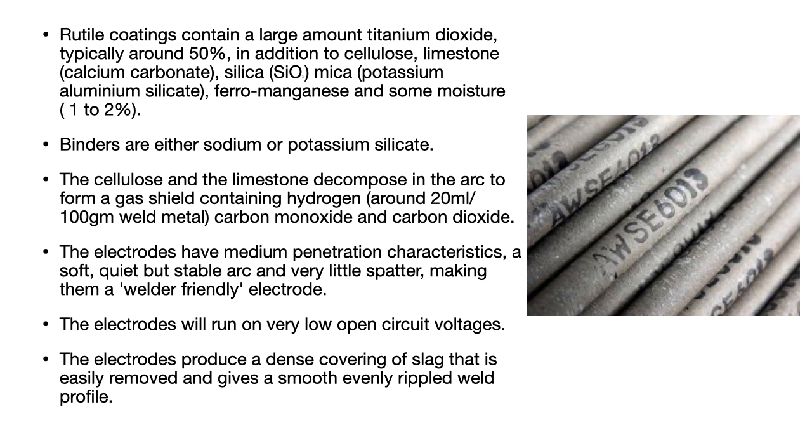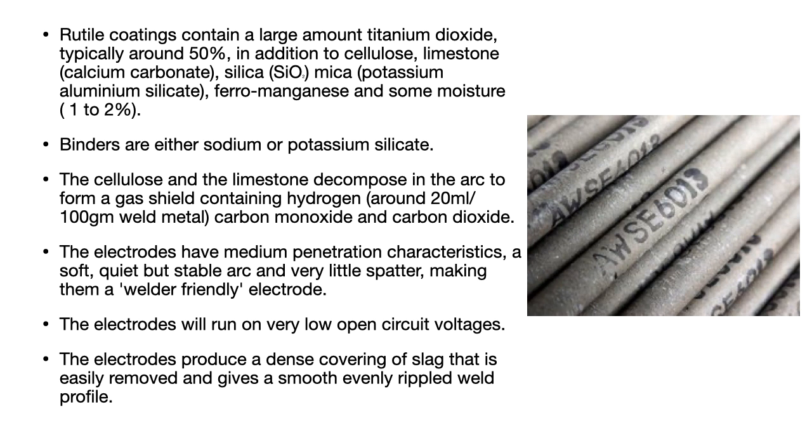However, it will also have a certain amount of cellulose, limestone, silica, mica, and other elements like ferromanganese, and a very small amount of moisture. Moisture is still high in this case, around 1 to 2% is quite high, but compared to the cellulose electrodes, it is far less. In rutile electrodes too, the binders used are either sodium or potassium silicates.